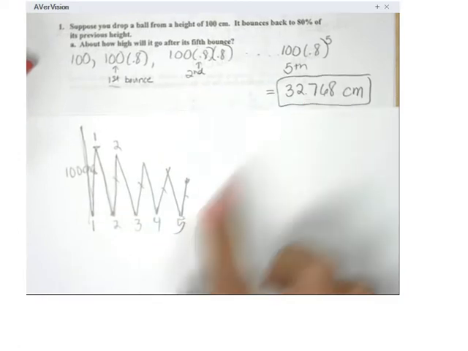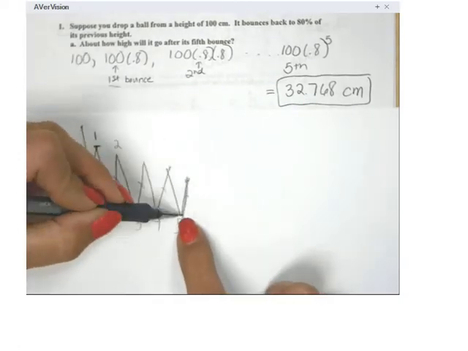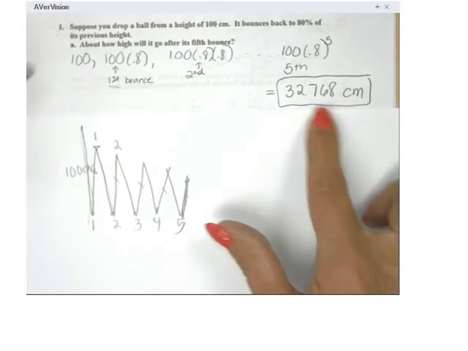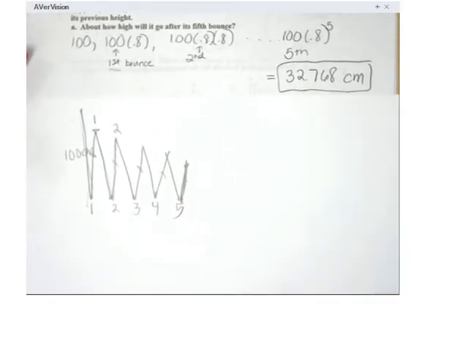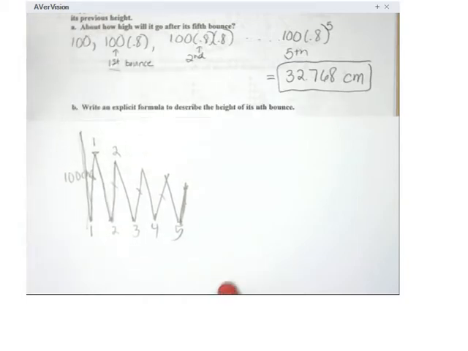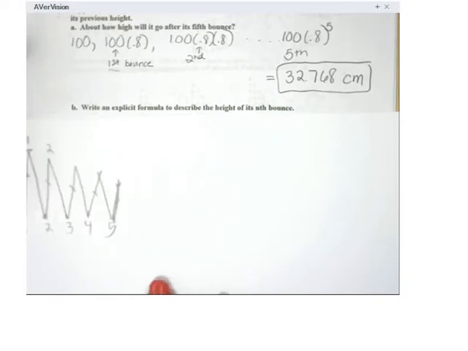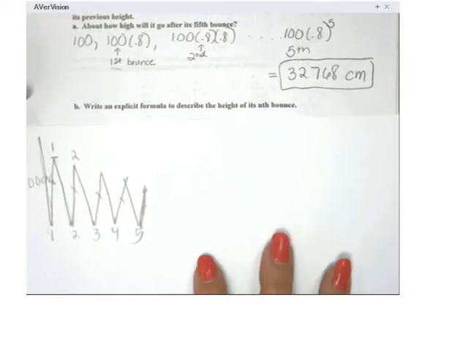And so this last increase here would be about 32.8 centimeters is how far it's going to end up going up. And again, we're going to end up calling that idea geometric, where we keep multiplying by some type of constant.